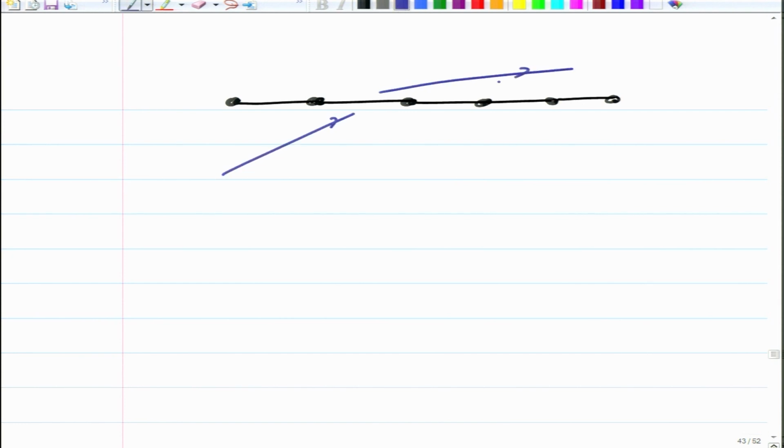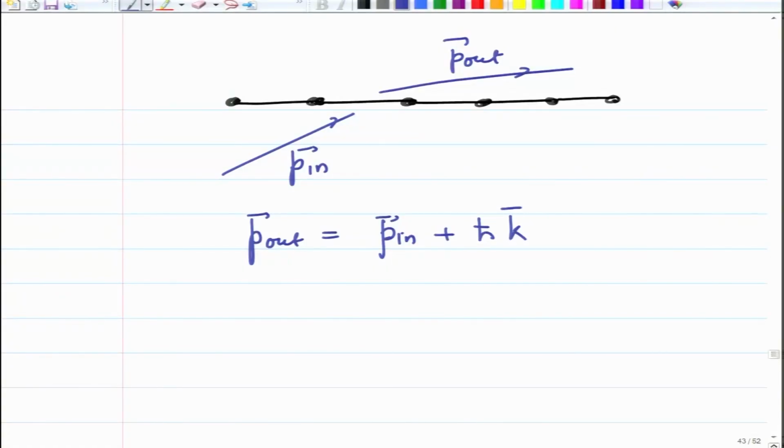If I have, and I will again make this one dimensional lattice, if I have this lattice and I scatter some particle or wave from it, and suppose incoming momentum was P in, outgoing momentum was P out, then it is seen that P out is actually equal to P in plus h cross k phonon. This is shown quantum mechanically, and later in the next lecture I will also derive it in a very simple way by intuitive arguments.